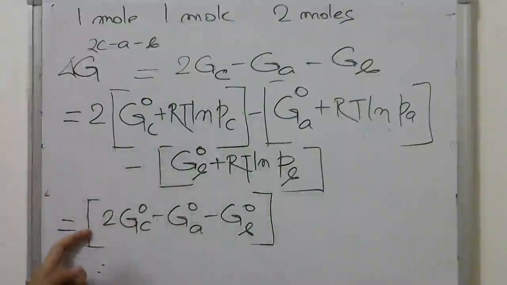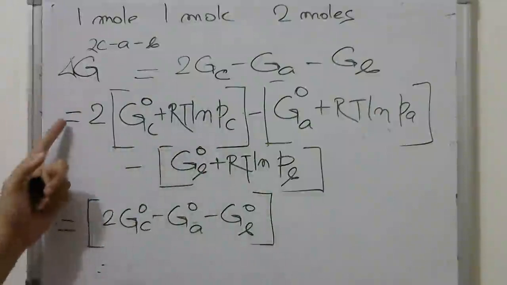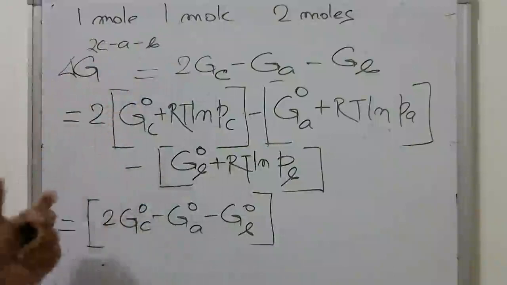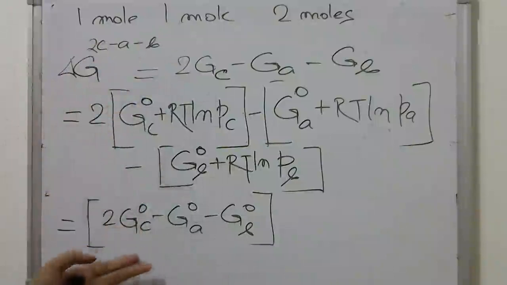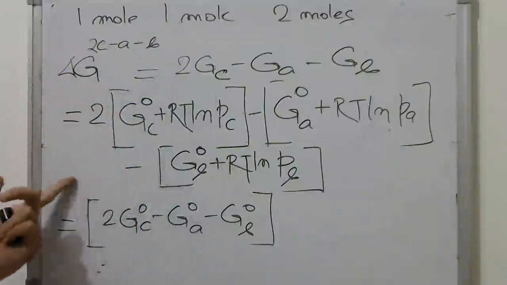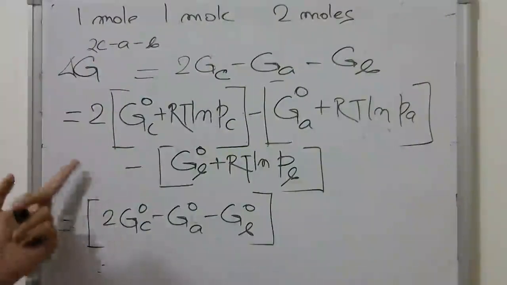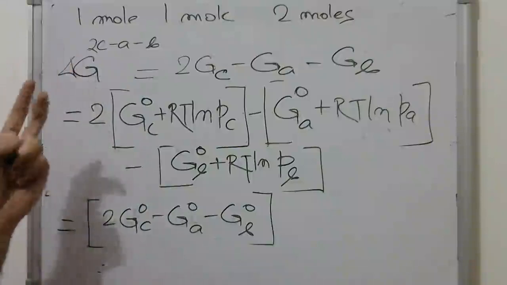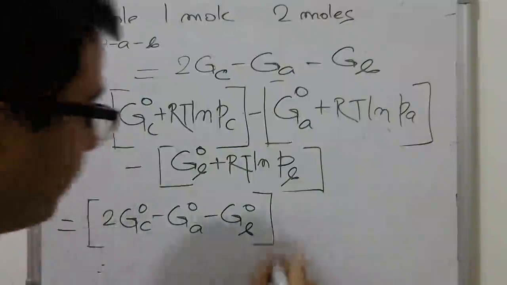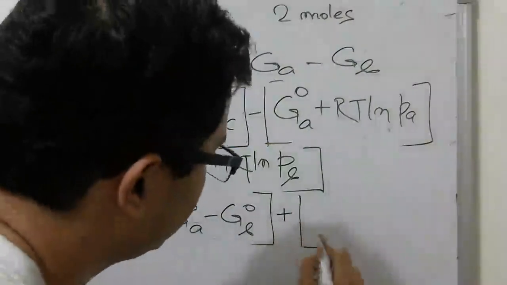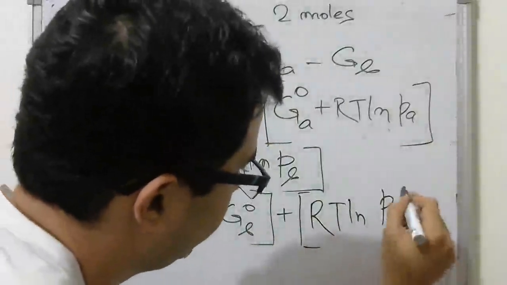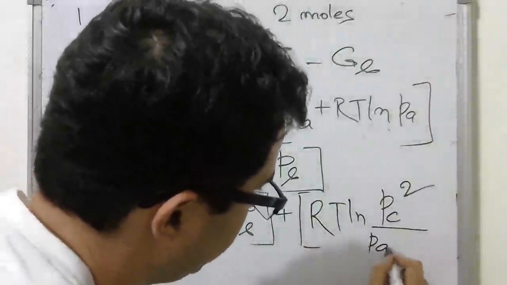Always also remember that we are calculating for this particular reaction, for evolution of 2 moles of C, we are calculating the free energy change. Sometimes it is specifically mentioned that for 1 mole of C, what is the free energy change? I will talk about that. If 1 mole is given, you have to change the stoichiometric coefficients. I will talk about that. But the thing is that RT ln PC squared by PA into PB.